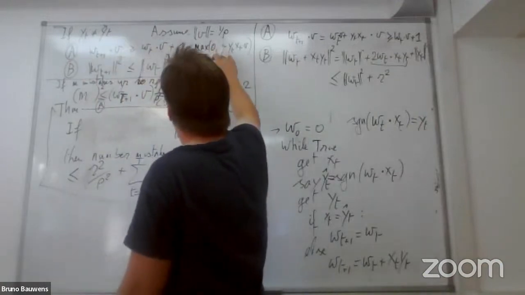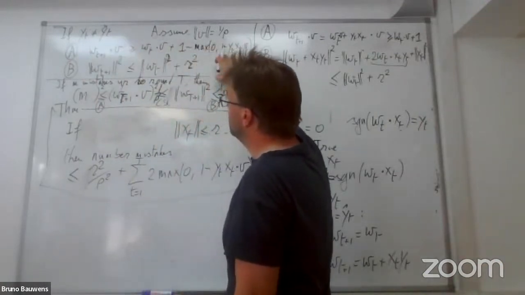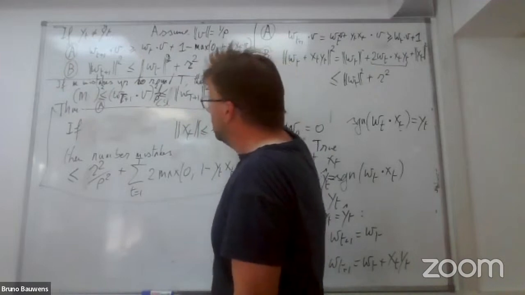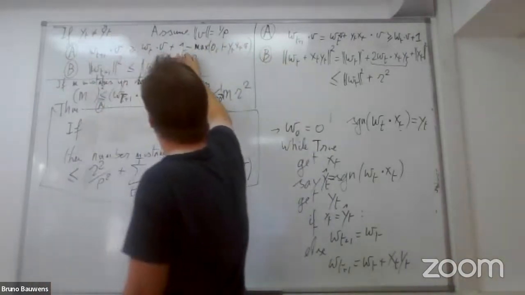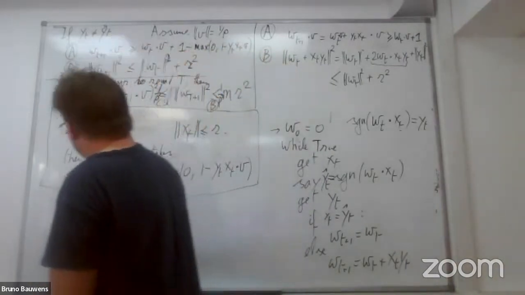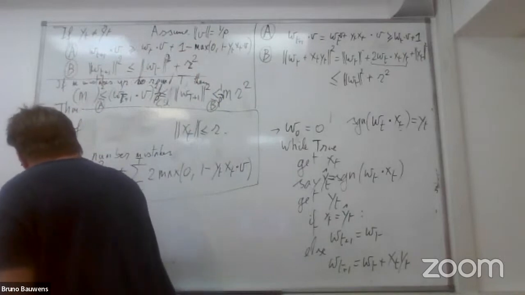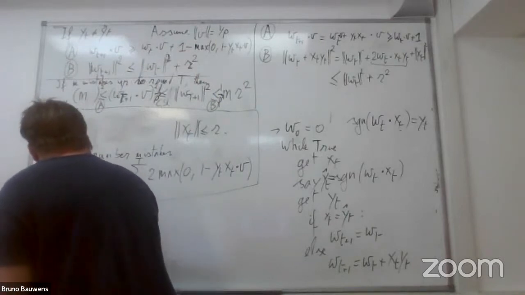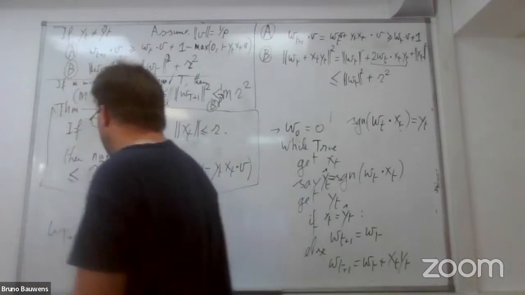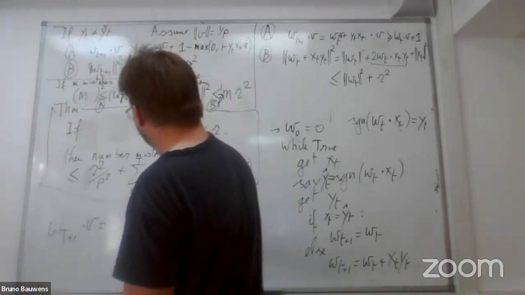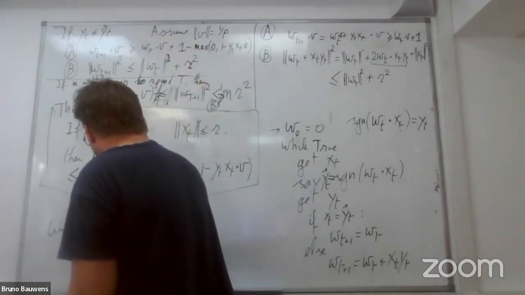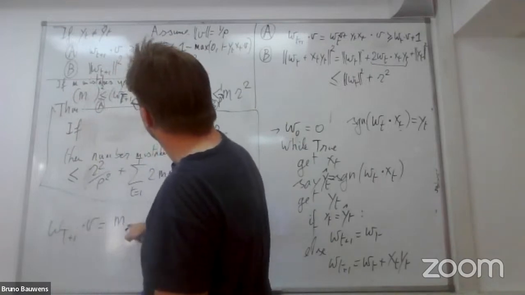Let us sum this over all the rounds with a mistake. So what we get here is that at round T plus 1, W_{T+1} times v is equal to M, the number of rounds with a mistake.